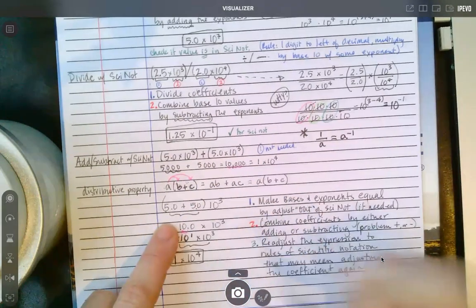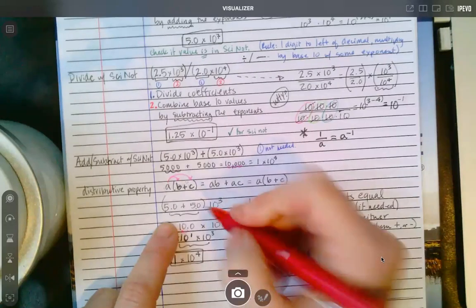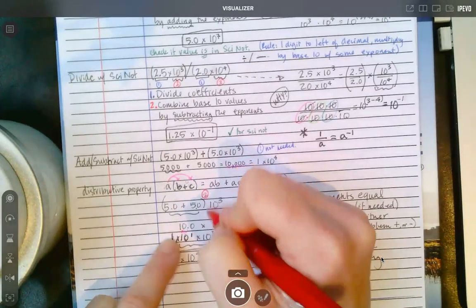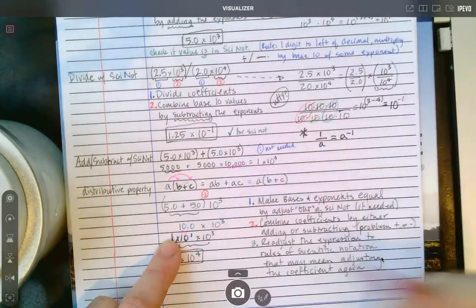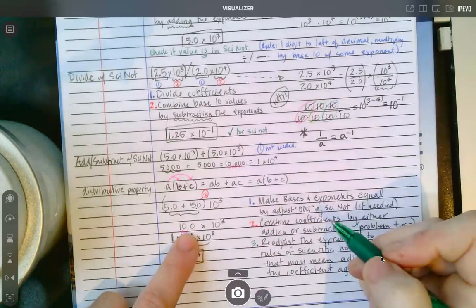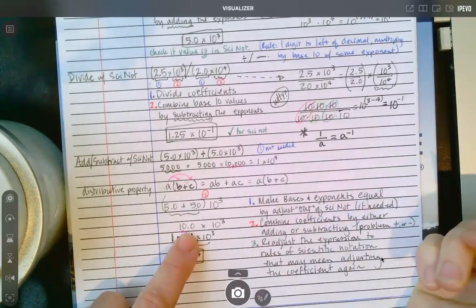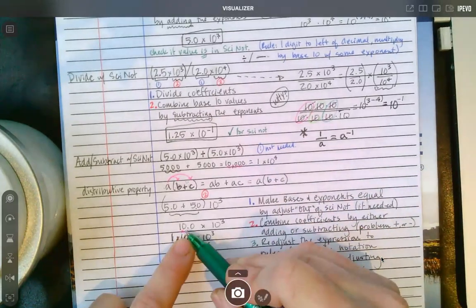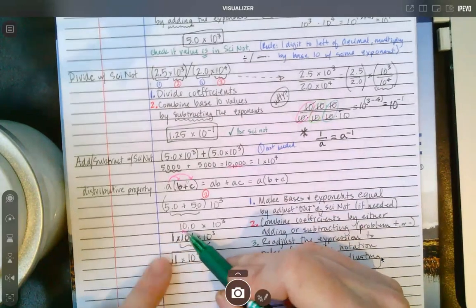Then we combine those coefficients. Step two. That equals 10, which is bigger than one digit in the ones place to the left of that decimal. So we have to make our adjustment here.